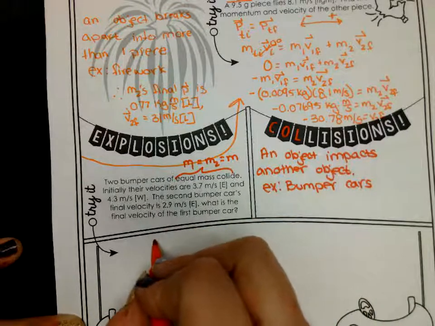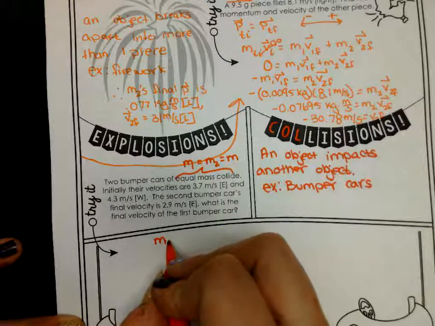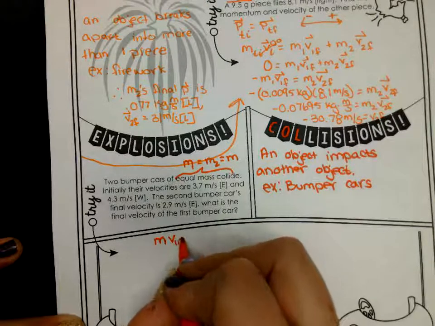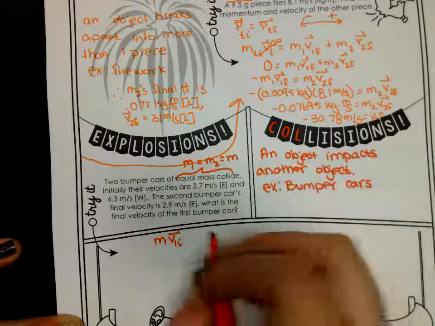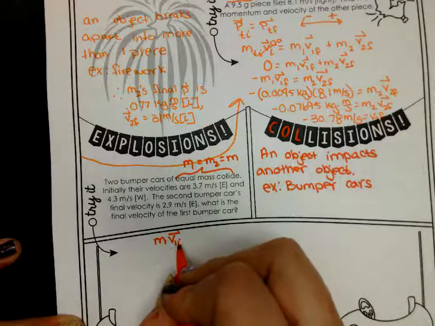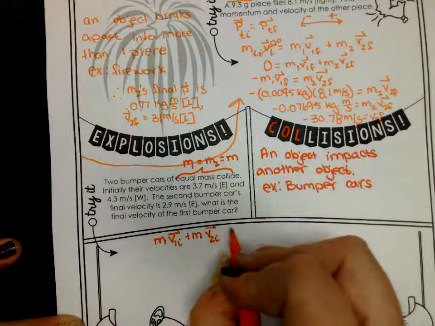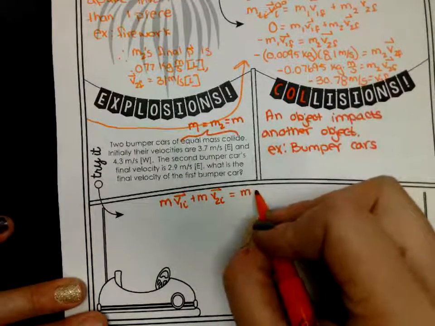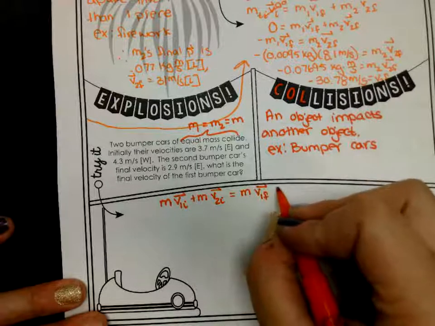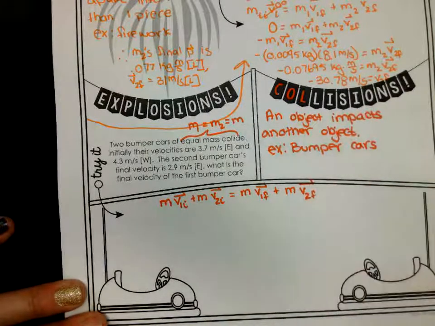So when I write out my formula, mass velocity 1 initial, because it's all equal, I'm not going to write out mass 1, mass 2. It's all the same mass. So mass velocity 1 initial plus mass velocity 2 initial is equal to mass velocity 1 final plus mass velocity 2 final.